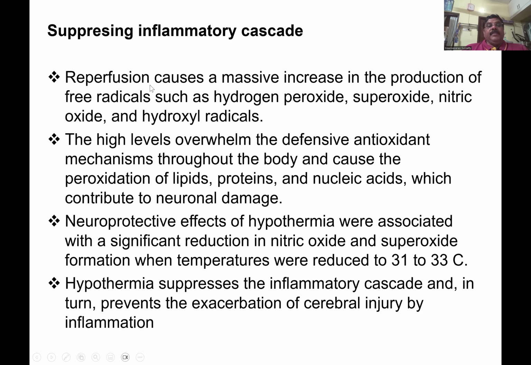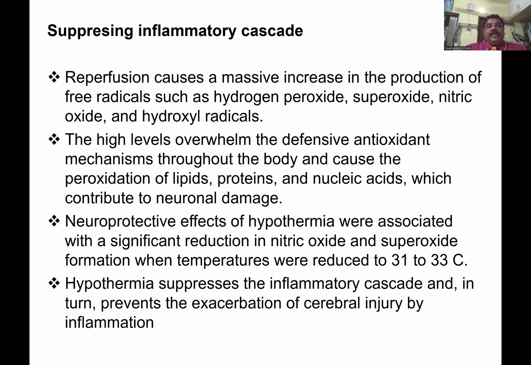What happens after ROSC? Reperfusion causes a massive increase in the production of free radicals such as hydrogen peroxide, superoxide, nitric oxide, and hydroxyl radicals. The high levels overwhelm the defensive antioxidant mechanisms throughout the body and cause peroxidation of lipids, proteins, and nucleic acids, which contribute to the neurological damage.